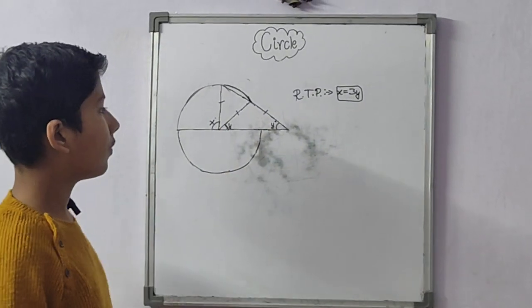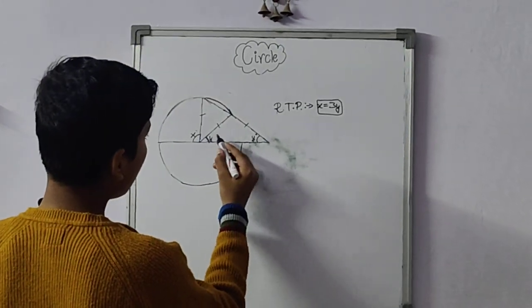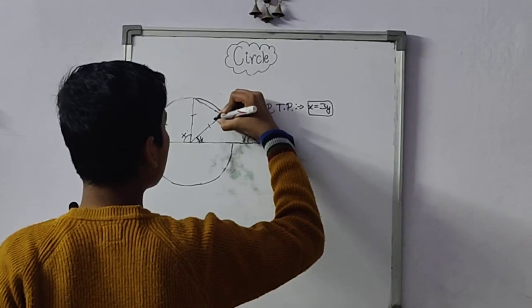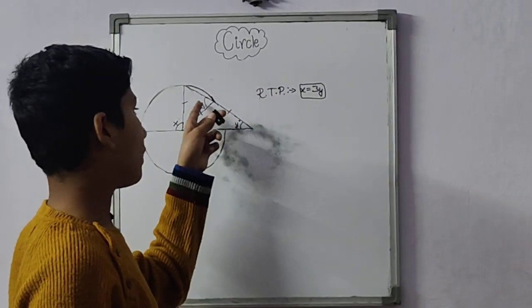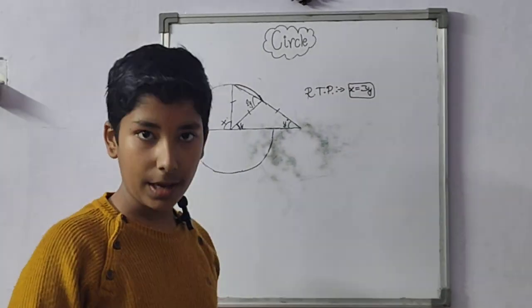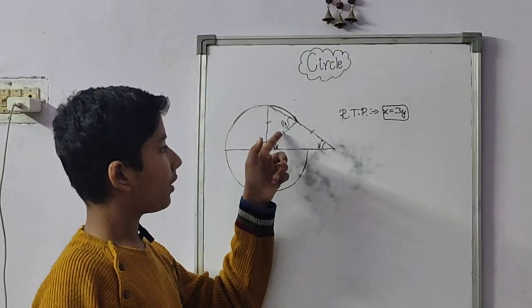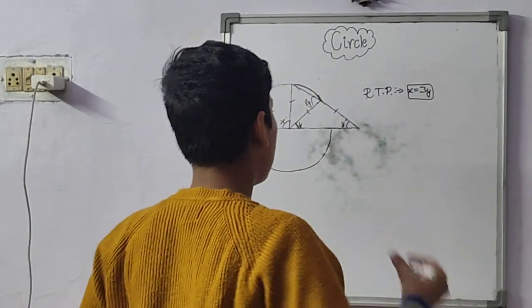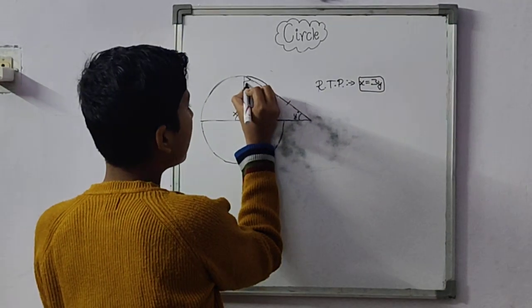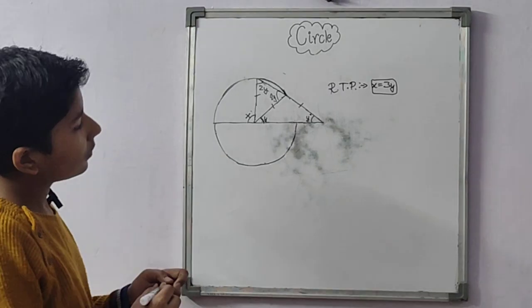Okay, so this is y, and now if this is y, then you know the exterior angle property, this will be 2y. Y plus y, this will be 2y, exterior angle property. Now it is also given that these two are equal because these both are radius, so equal side have equal angle opposite to them, it will be 2y.